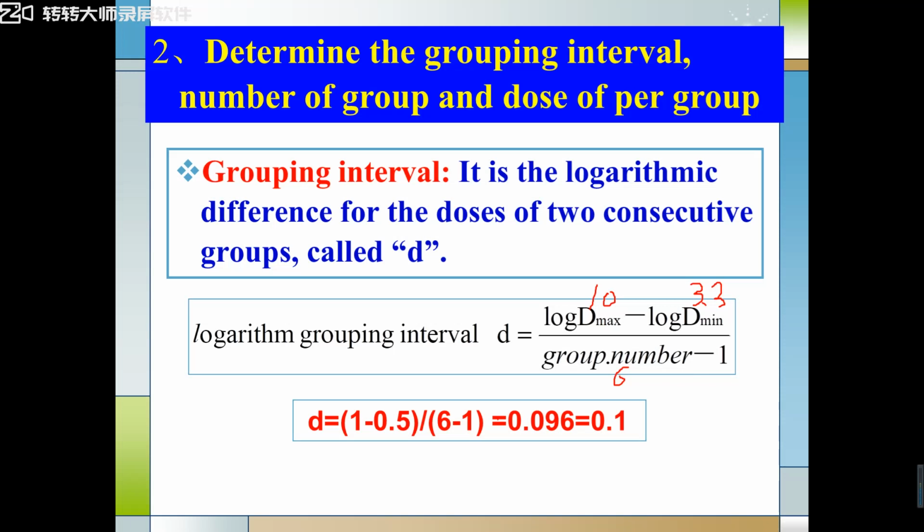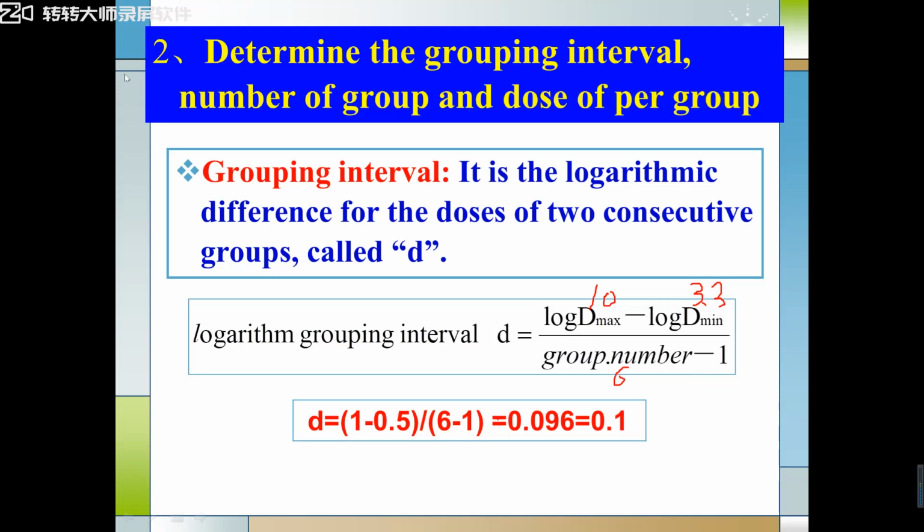The lab is very easy to do, but very difficult to understand. So we use more time to explain how to do the labs, so you can understand why we do the labs and how to calculate the LD50.